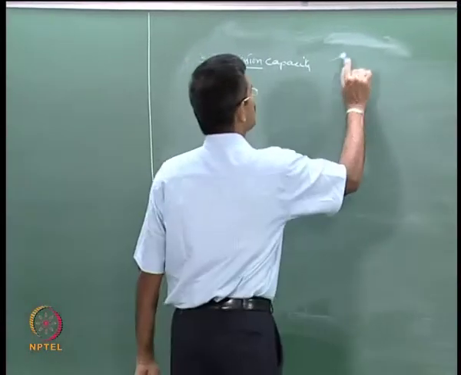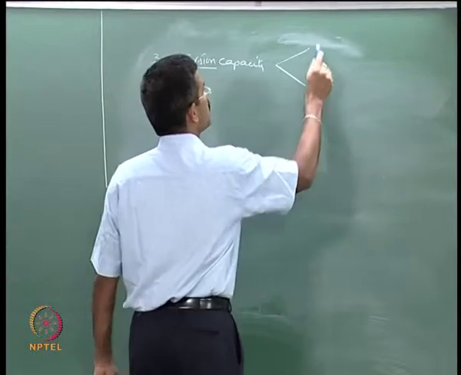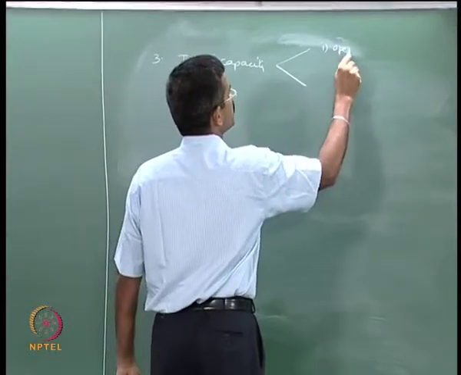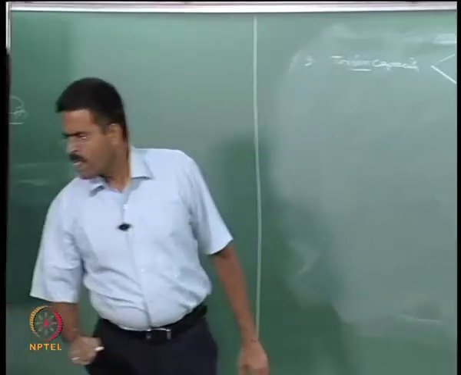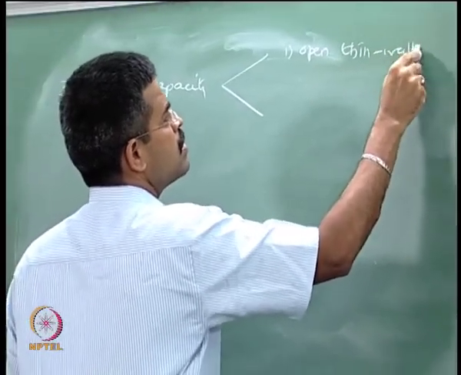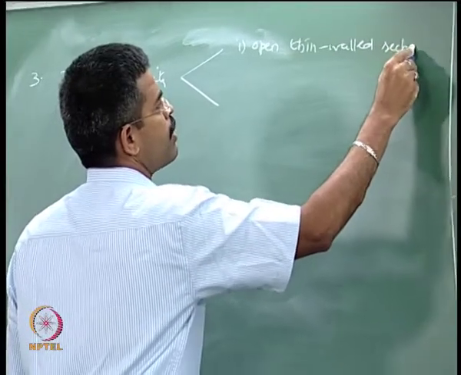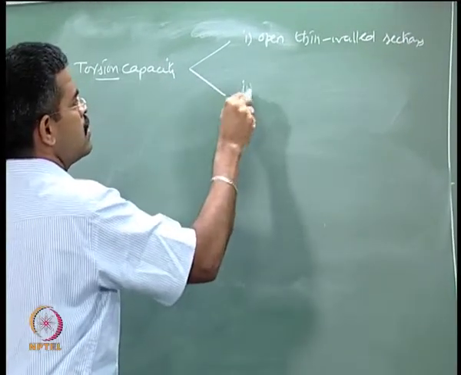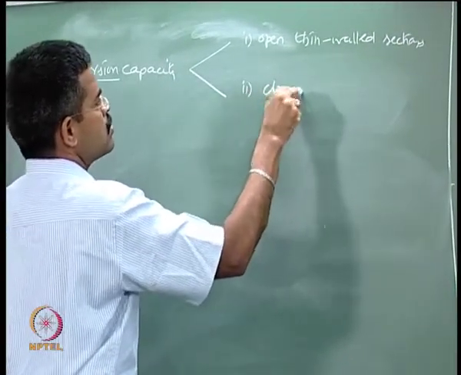So, we divide this into two levels of understanding. One is open thin walled sections. I will come to the point of what thin walled sections are. Second is closed thin walled sections.